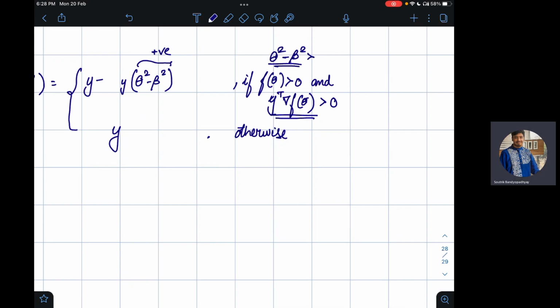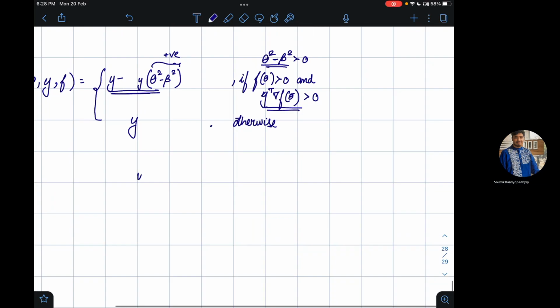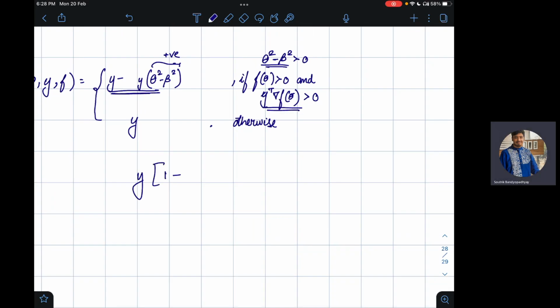So this is positive, so this essentially is a negative quantity. Oh, sorry, I misspoke. It essentially becomes y times 1 minus theta square minus beta square plus beta square.